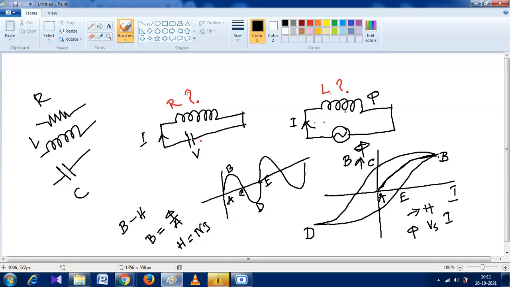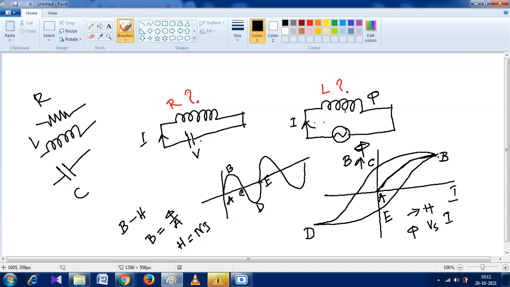The current is starting from point A. That means the value of current is increasing, and we have to change the point E also, because the current at points A, C, and E is zero. So this is basically the E point.